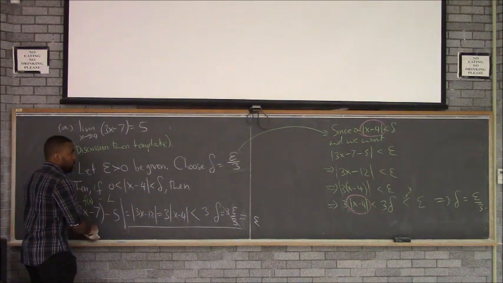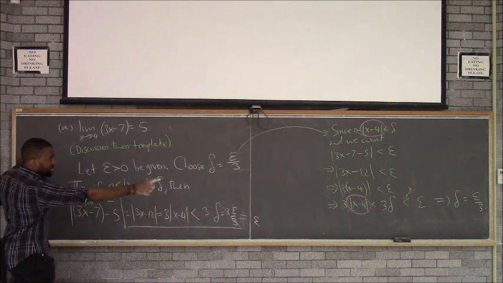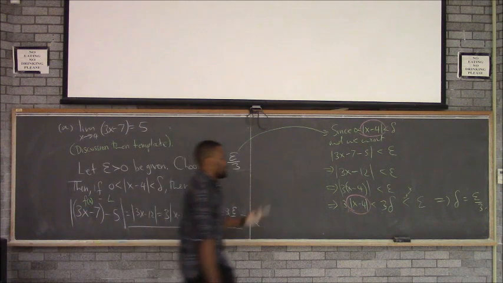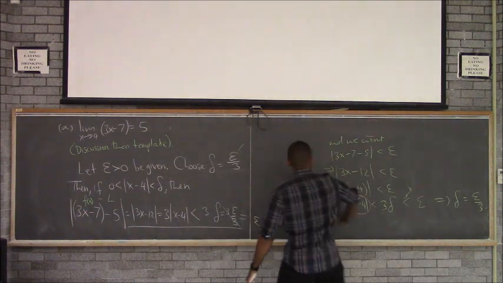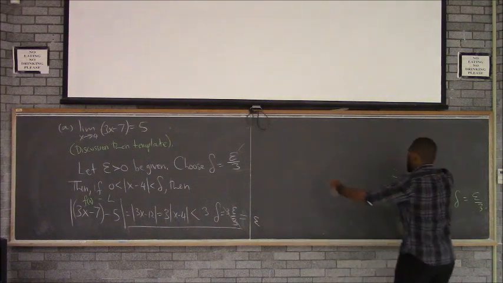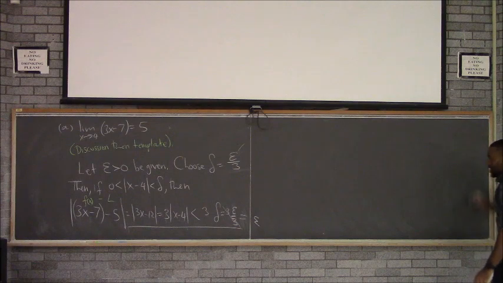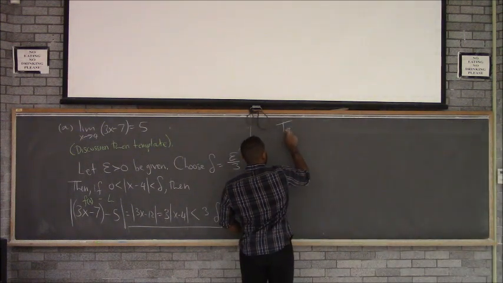So now, this is pretty much what our problem is going to look like. That's actually side work. So the template, and I'll talk a little bit more about proving stuff later, but here's how the template is going to be. If someone asks you to prove a limit or show that this is the limit, here's the structure, here's the framework in which we're going to give your answer.